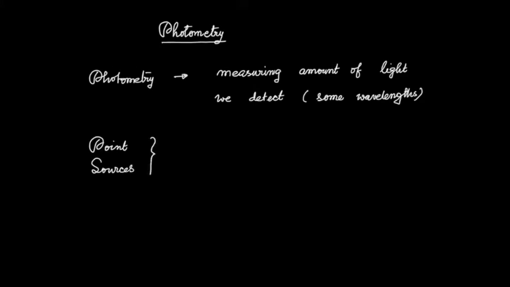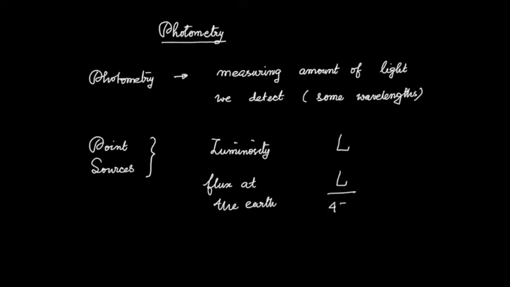Okay. So imagine that there is a point source. The luminosity of this is, or let me write luminosity, not specific luminosity for the time being. The luminosity is L. So the flux of that source at Earth is L by 4 pi d square.